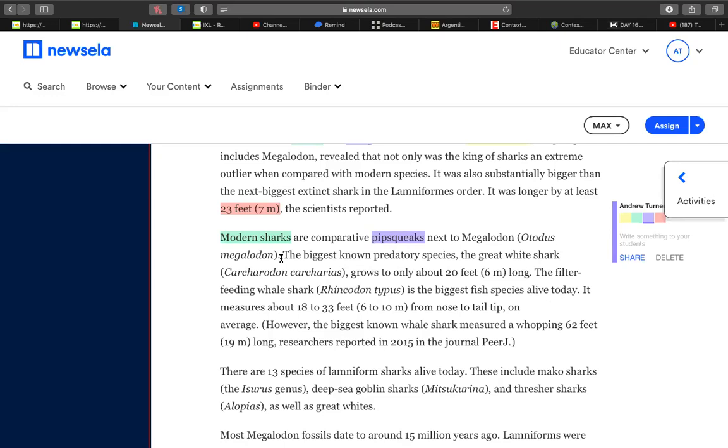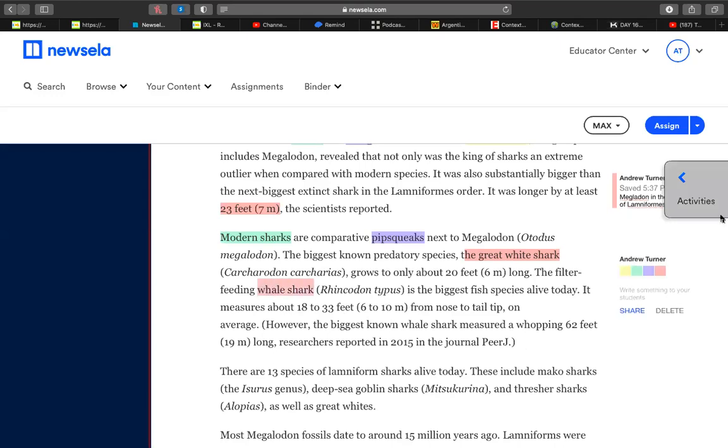Next to the Megalodon, Otodus megalodon, the biggest known predatory species, the great white shark, Carcharodon carcharias, yeah, so these are all scientific words. They're not super necessary that you know them, but grows only about 20 feet, 6 meters long. The filter-feeding whale shark is the biggest fish species alive today.